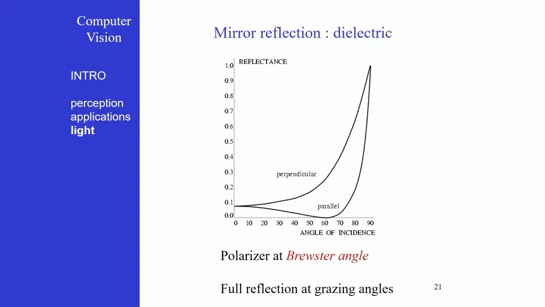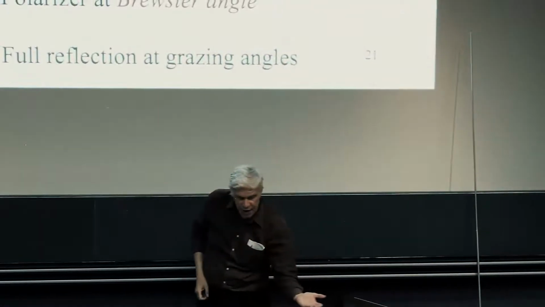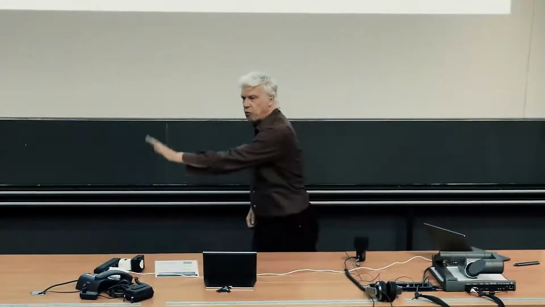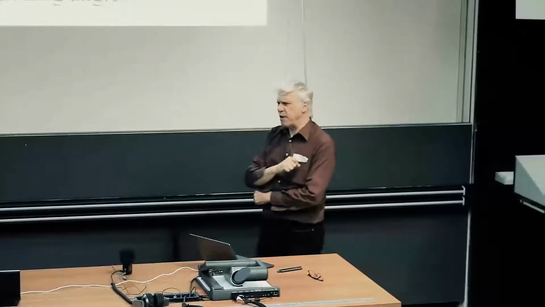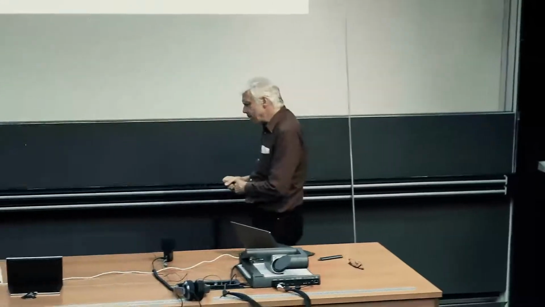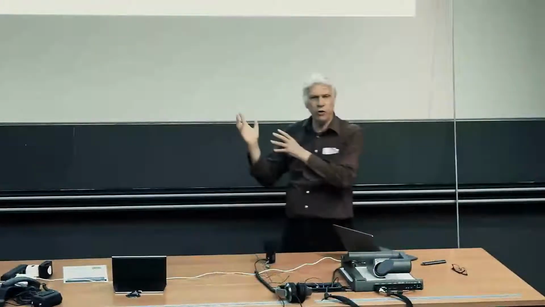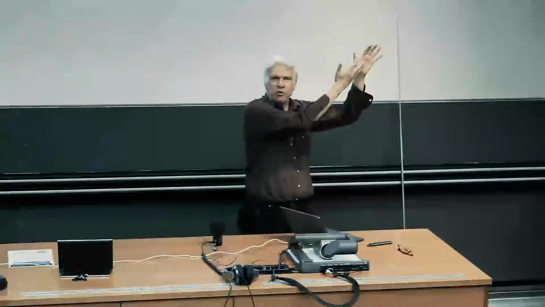With grazing angles, the story is quite different. So if you come in very obliquely, under a grazing angle, you fall onto that surface. Most of the light will be reflected back into the first medium. And we know that from experience. We see that in physics over and over again. It's like if you have a space capsule and you want to enter into the Earth's atmosphere, if you come in under the wrong angle, you will be reflected back into space.